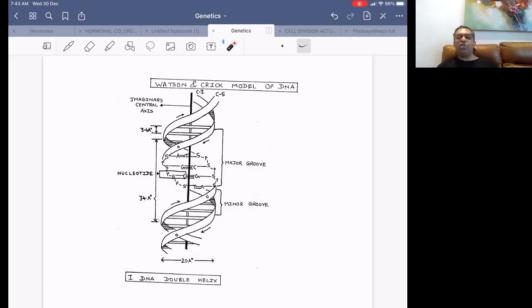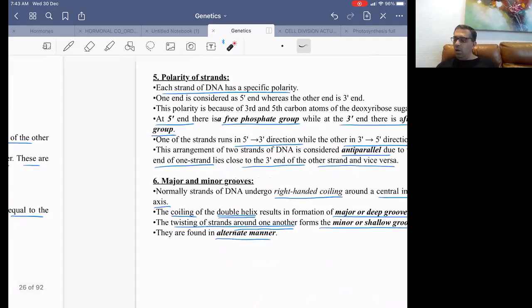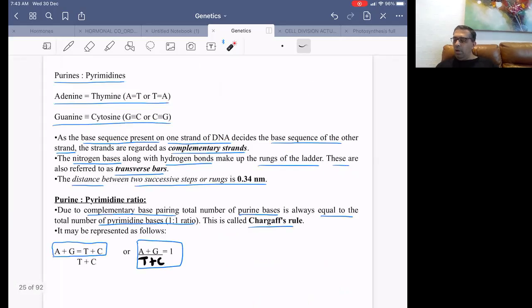This is how a 3D structure looks. And next we have the purine pyrimidine ratio. Due to complementary base pairing, the total number of purines is always equal to the total number of pyrimidines, which is a 1:1 ratio, called Chargaff's rule.